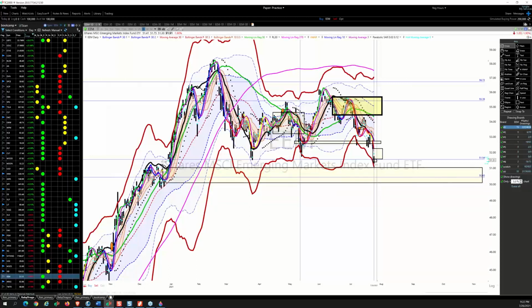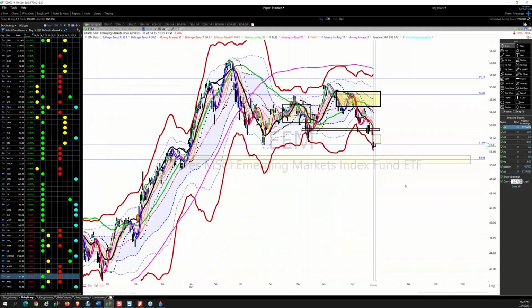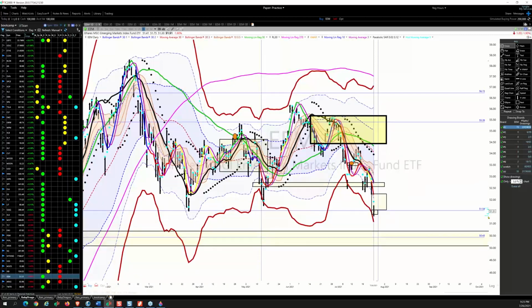Hold on. Let me tighten that up, like right in there. I think that's where the downside target is if that fails. So if that fails out of that little critical state box that we have right there, I think the target is like $50. So that's a nice critical state. I love that. Let's go.